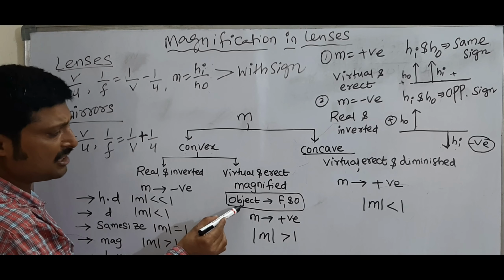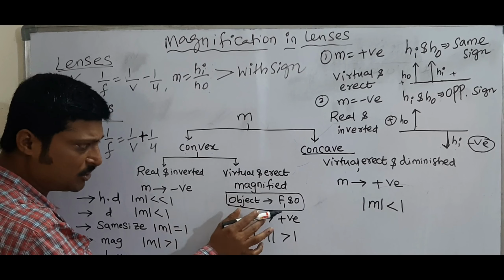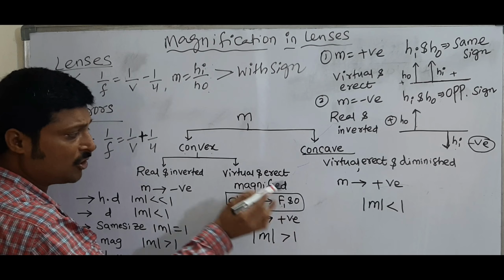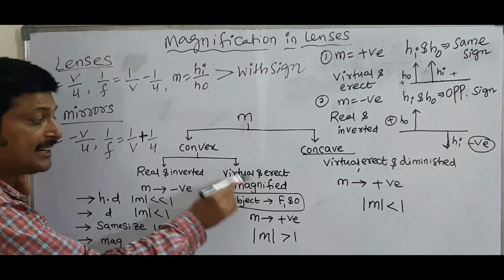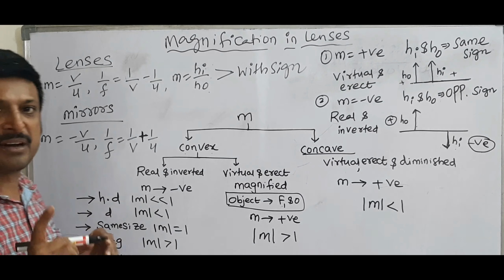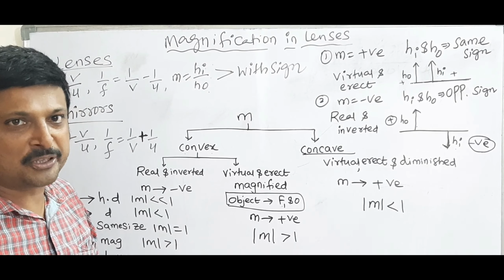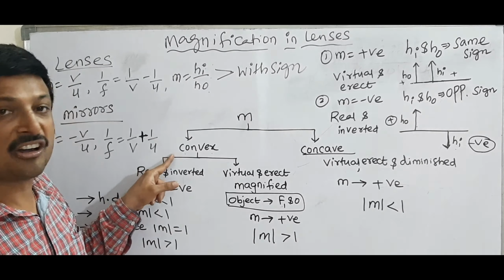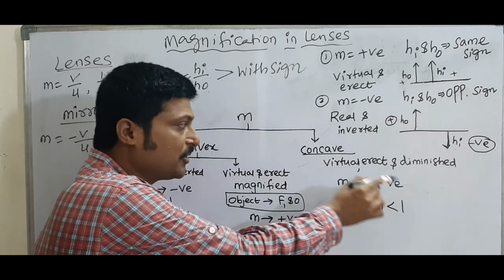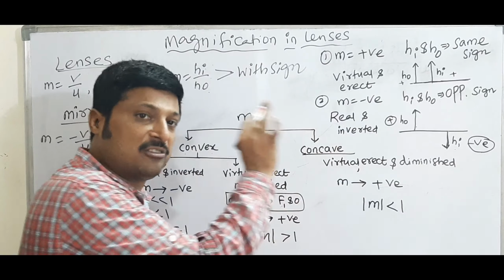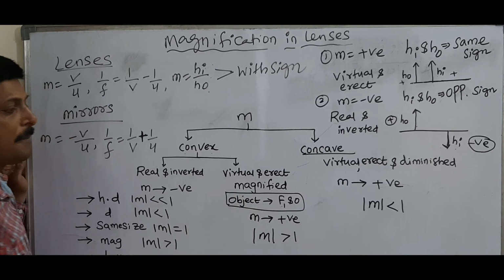When the object is between focus and optic center, that means between F1 and O, only in this case, a convex lens forms a virtual, erect and magnified image. So remember my dear students, virtual, erect and magnified image is formed by which type of lens? Convex lens. Virtual, erect, diminished image is formed by which type of lens? Concave lens. Okay now? So virtual erect image means magnification is positive.